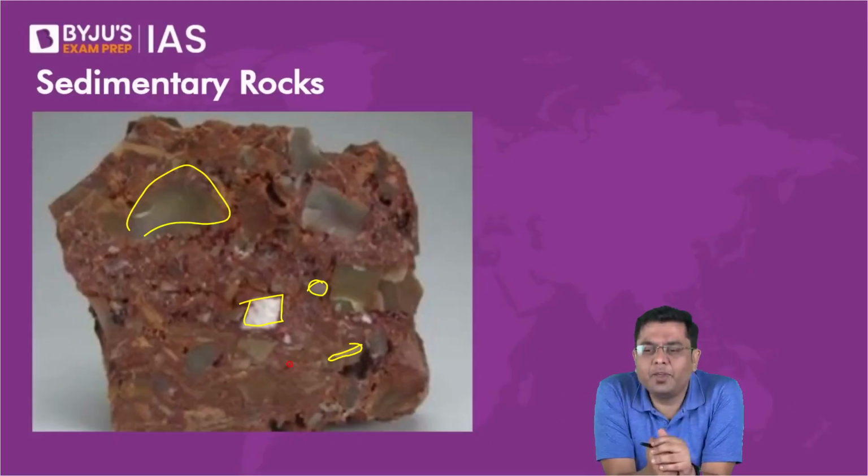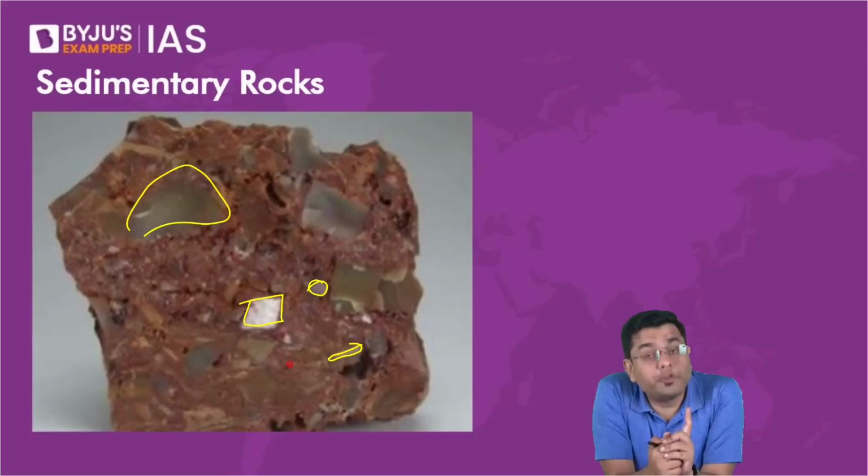Now, if I ask you another question, out of the sedimentary rock and igneous rock, where is it that you will have a greater probability, or rather, where is it that you will find the fossils of animals and plants? In the case of sedimentary rocks or in the case of igneous rocks? Good. In the sedimentary rocks.